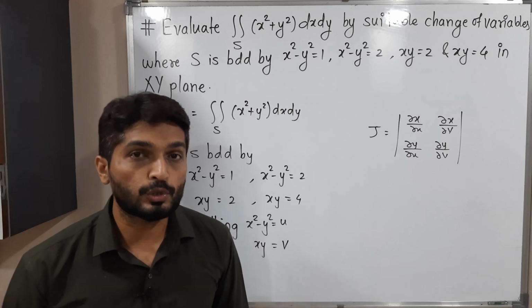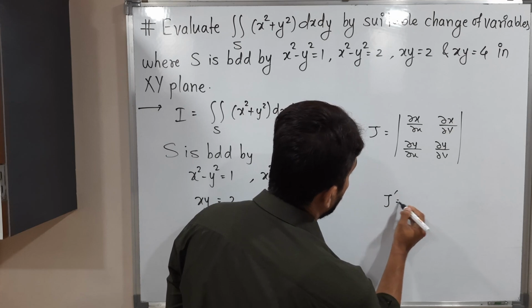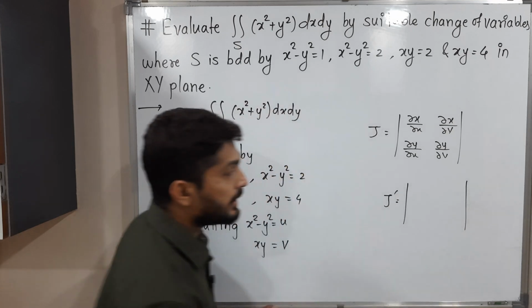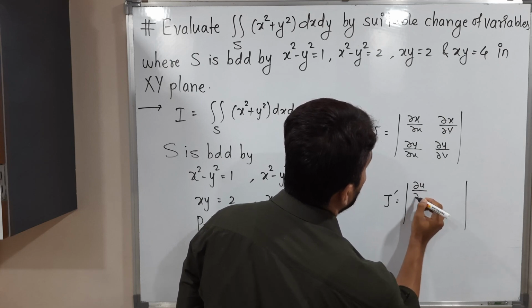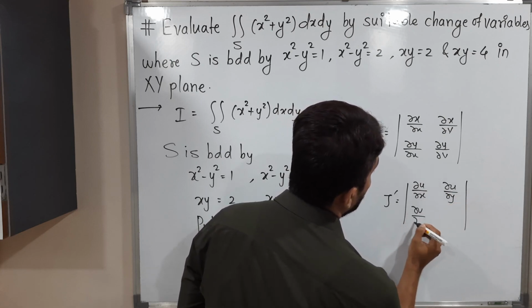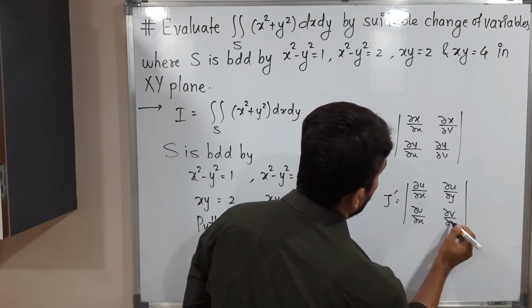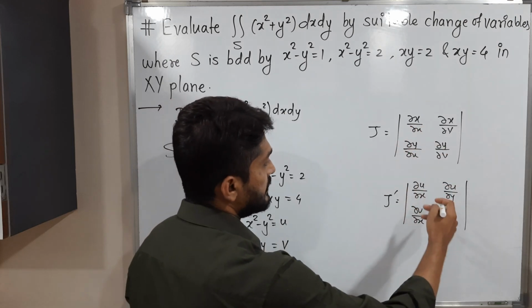But see, there is a solution to that. There is one more method. We can calculate J dash, which is comparatively easy. The formula of J dash is the determinant of del u by del x, del u by del y, del v by del x and del v by del y. It's comparatively easy. You can easily see the difference here.